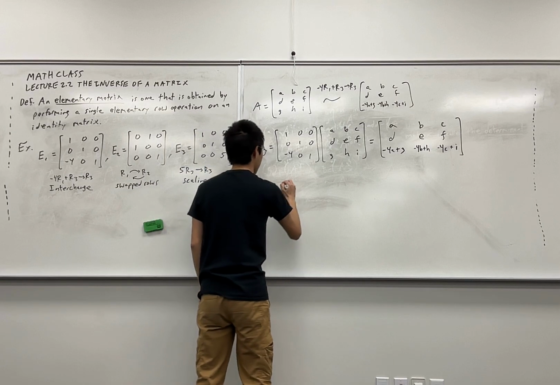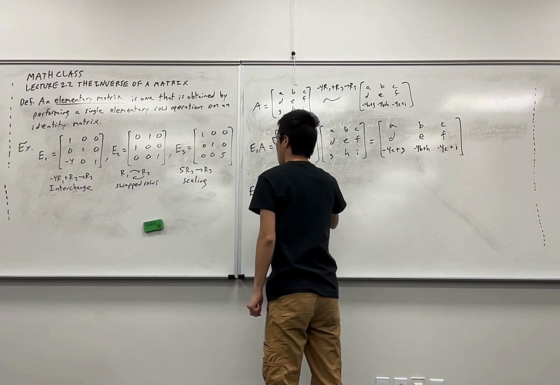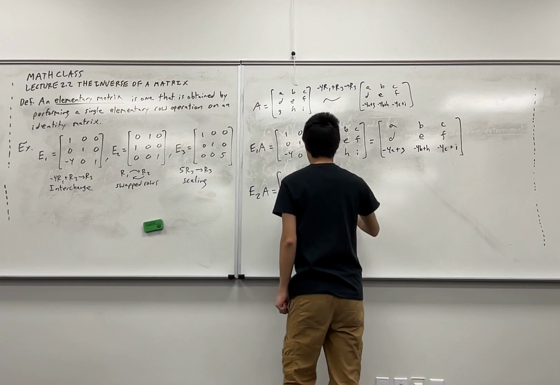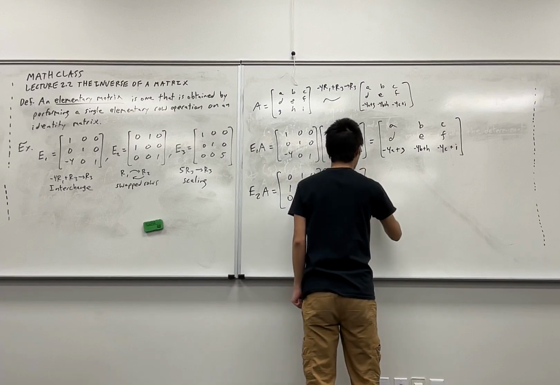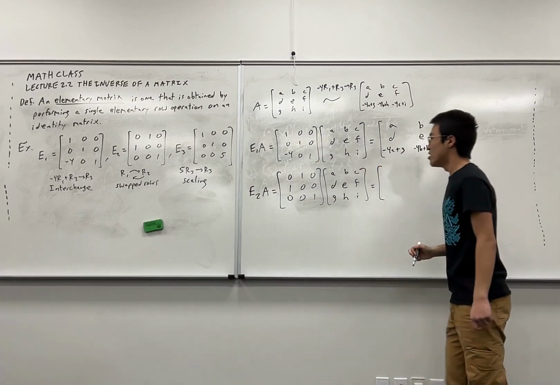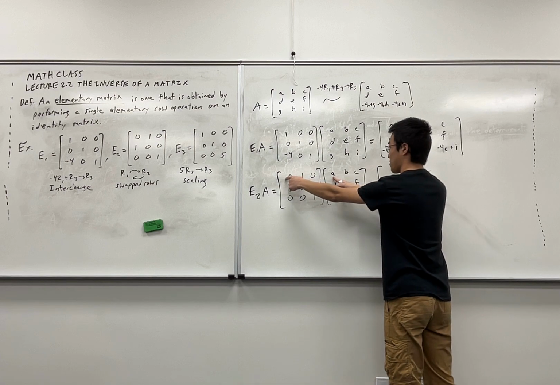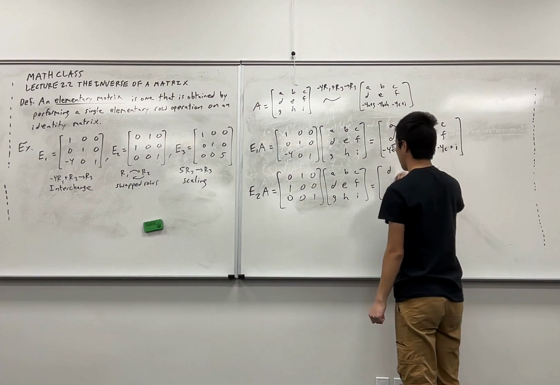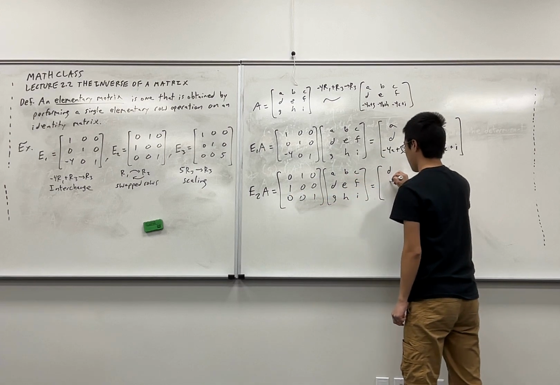E2 times A. E2 is 0, 1, 0, 1, 0, 0, 0, 0, 1, like this. Here's A. A, B, C, D, E, F, G, H, I. Okay? So if we do this the computational way, let's see what happens. Well, I have D survives, and then here, only the A survives.